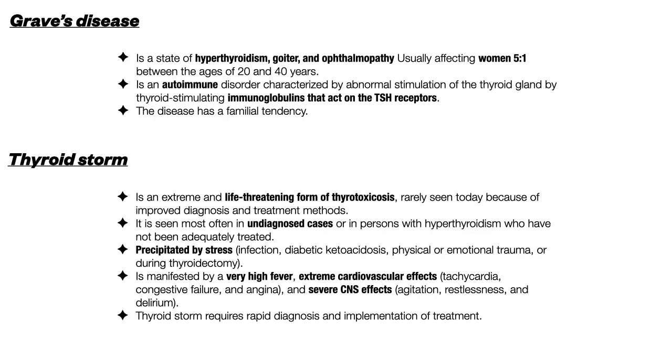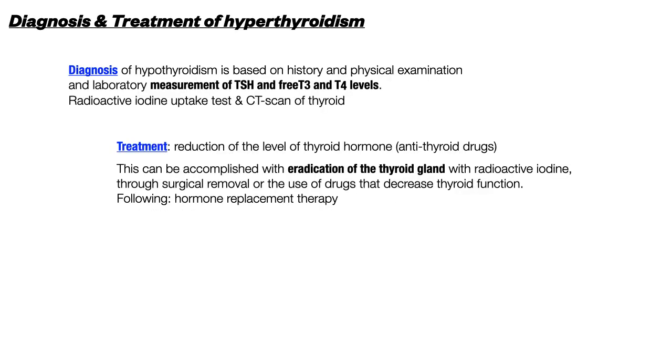All of the normal symptoms of hyperthyroidism become exaggerated here. For example, heat intolerance turns into a very high fever, and rapid heart rate turns into cardiac arrhythmia. The situation requires rapid diagnosis and treatment to save the patient's life.